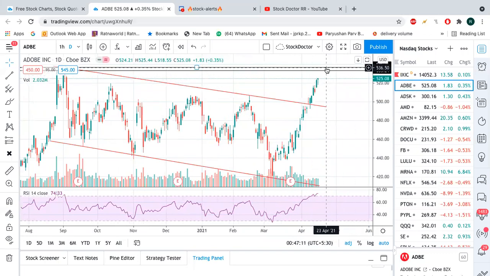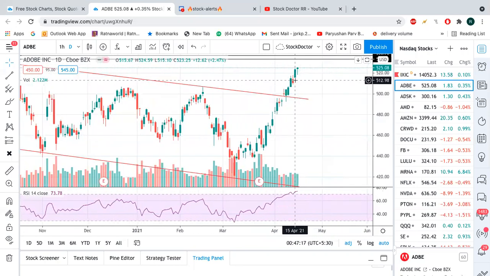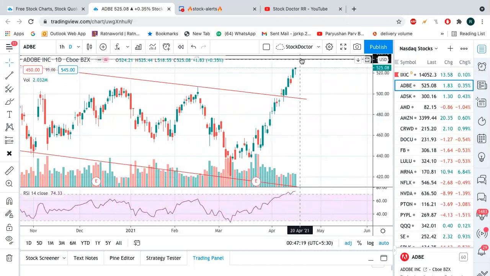533 to 536 is a resistance level. So I would think the stock either can go to this resistance level and then take a U-turn from here, or maybe the stock can retrace till its trend line breakout, which it made a few days back, and then it might take a U-turn from there.